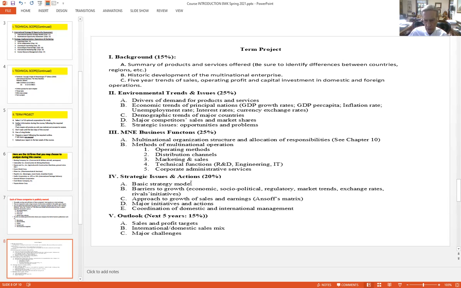But different industries and different companies will have more or less of these categories of information, and those categories will be more or less important. And it's pretty much up to you to make that decision about importance based upon what you find and the conclusions that you draw.